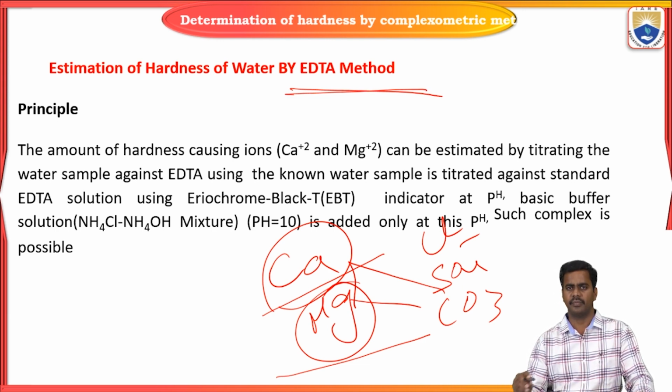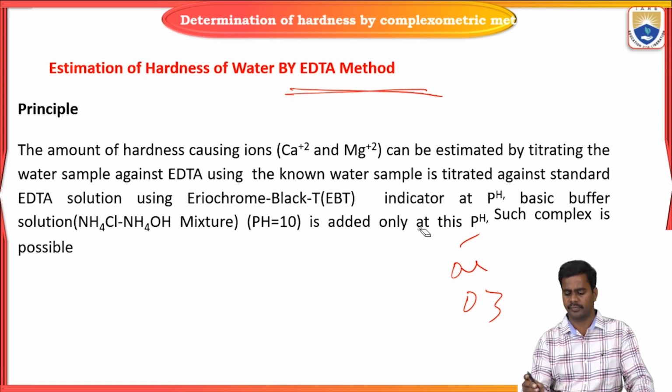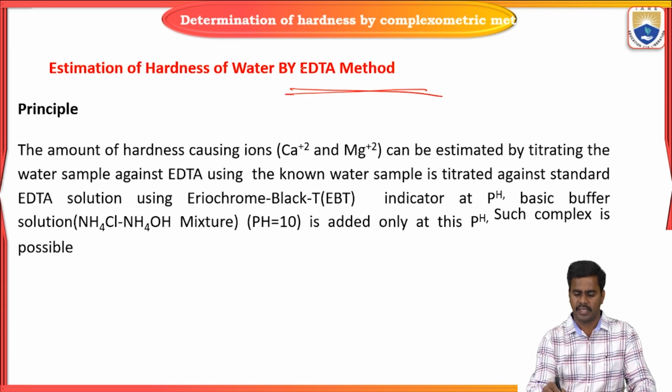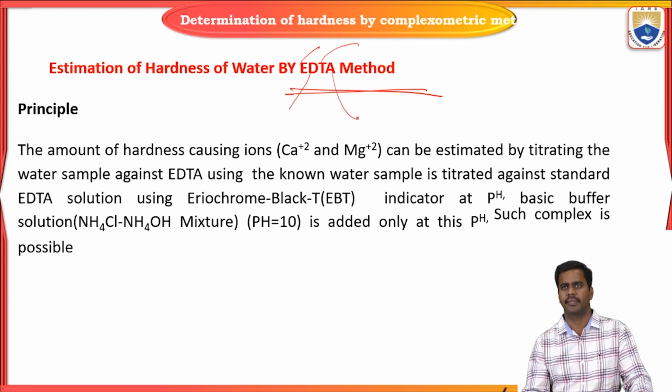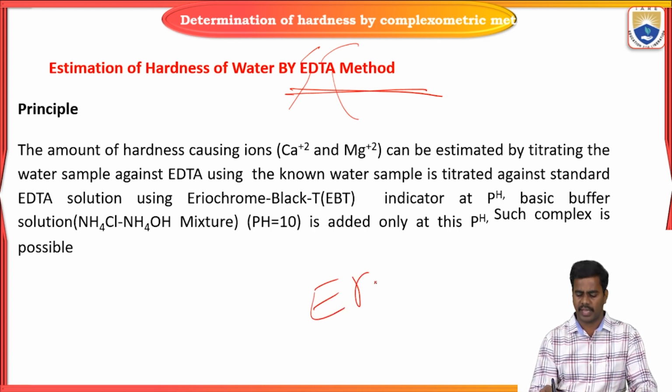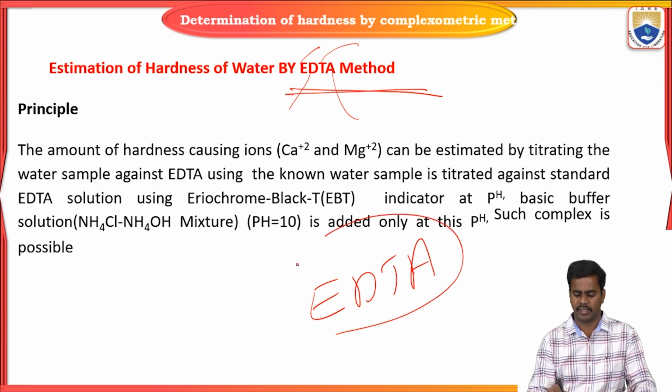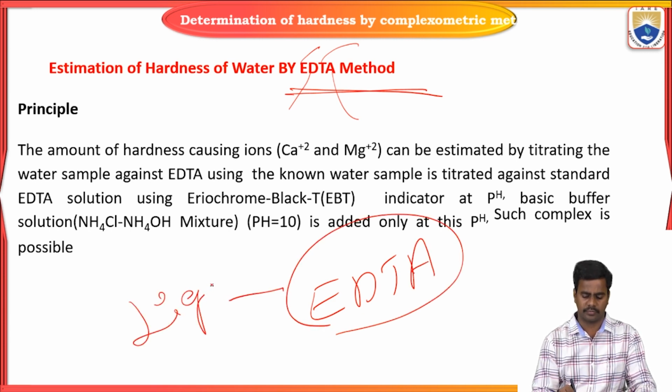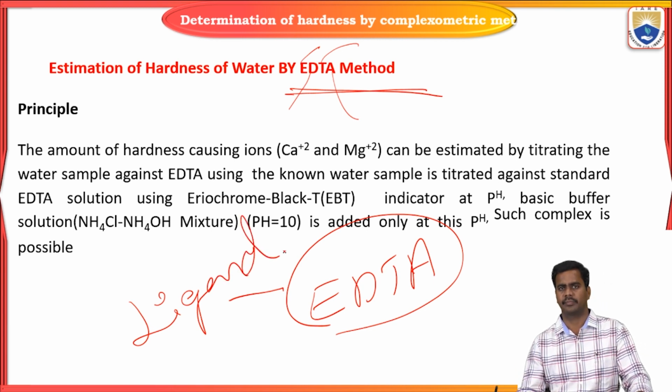So here, what is EDTA? EDTA stands for ethylene diamine tetraacetic acid. E stands for ethylene, D stands for diamine, T stands for tetra, A stands for acetic acid. Here, EDTA acts as a ligand.